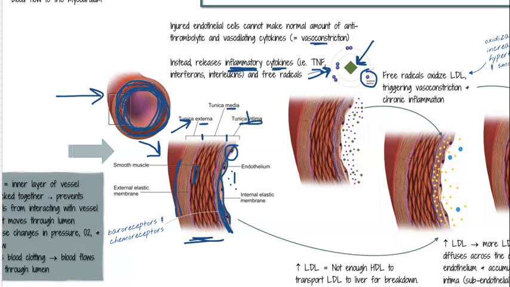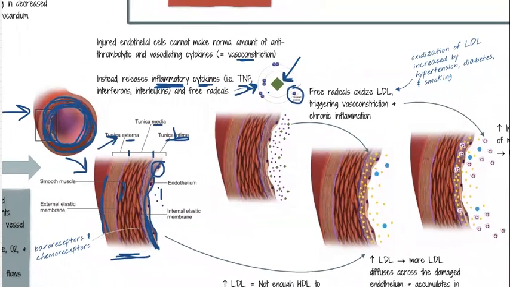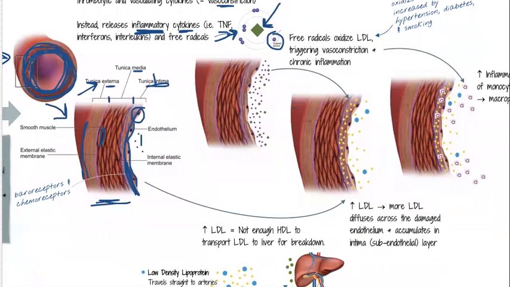So we've got this damage to the endothelium, which has released all these cytokines, but also these free radicals. And those free radicals will actually come into play with low density lipoproteins, which we'll talk about a little bit, that are already in your blood.